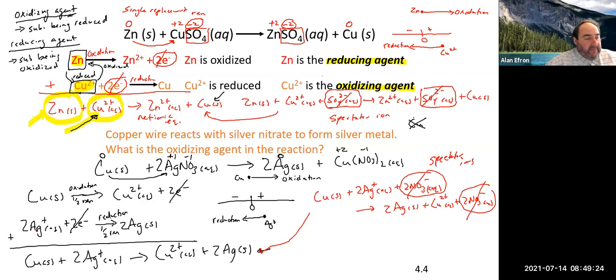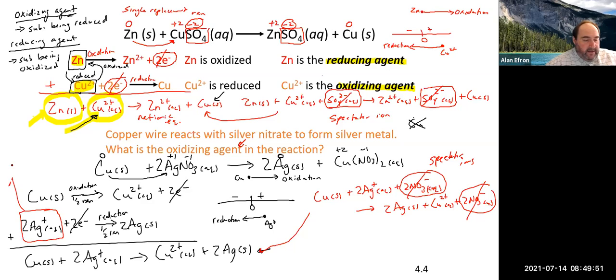The silver with a +1 charge is going through reduction, but here we are asking about our agent. So what is the oxidizing agent? The oxidizing agent is opposite of the name. The oxidizing agent is the substance that would be reduced, which means in this particular case, our oxidizing agent is actually the silver ion.